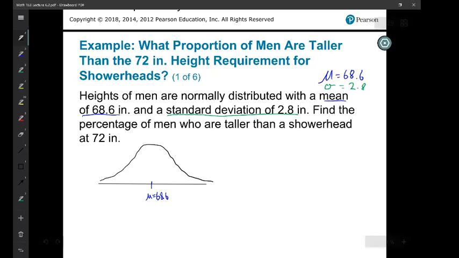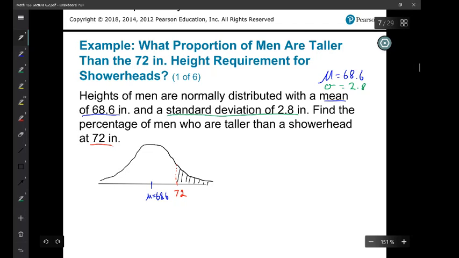The percentage of men who are taller than a showerhead at 72 inches would be men, heights greater than 72. So here's 72. And then this area here divided by the total area will be the percentage of men who are taller than the showerhead. So really just this area here because the total area is 1.